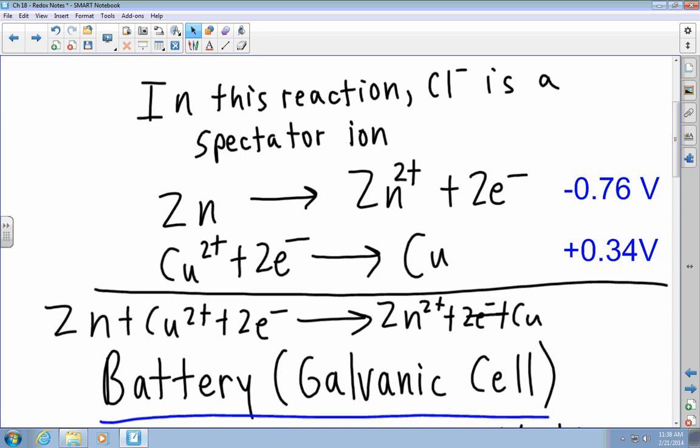And the voltage for the overall reaction would be what we get from adding those two voltages. So if you add those two up, what do you get?